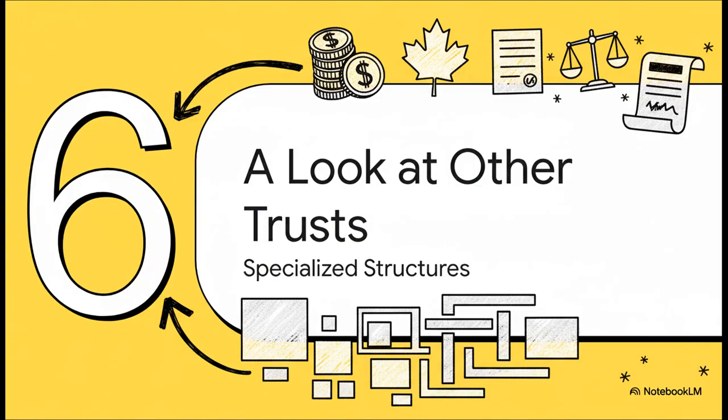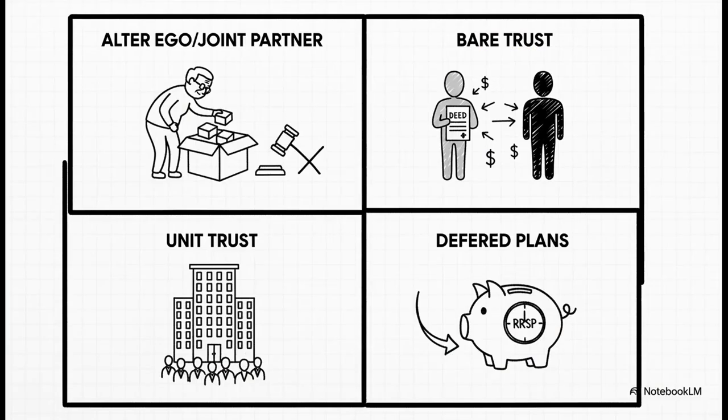To wrap things up, let's just do a quick run-through of a few other specialized types of trusts that you're likely to come across in Canadian tax and estate planning. First, we have alter ego and joint partner trusts. These are mainly for people over 65 who want to manage their assets and avoid probate fees when they pass away. Then there's the bare trust, which is a very simple arrangement where one person just holds the legal title for another.